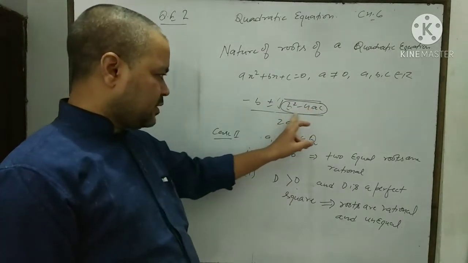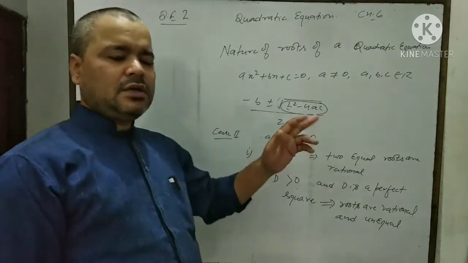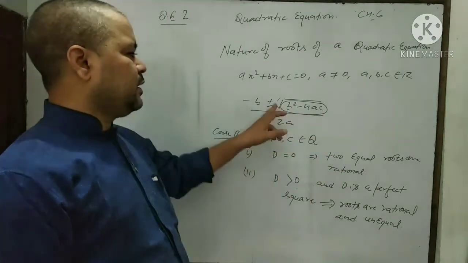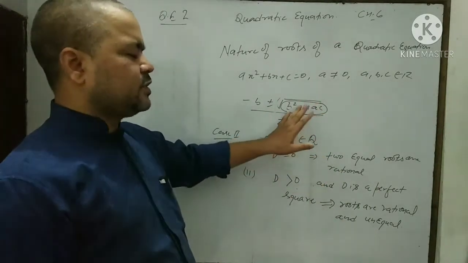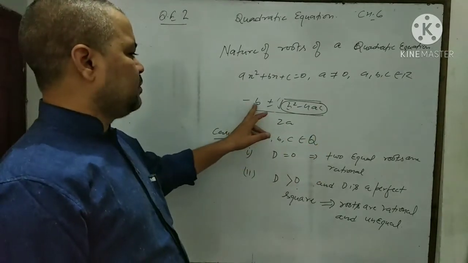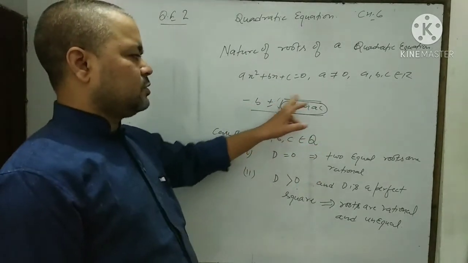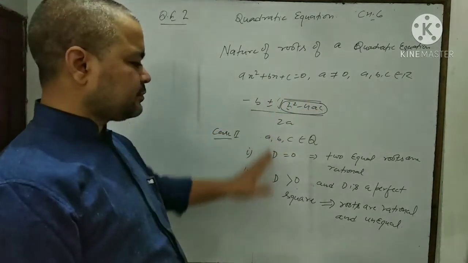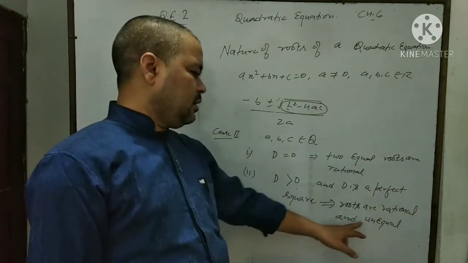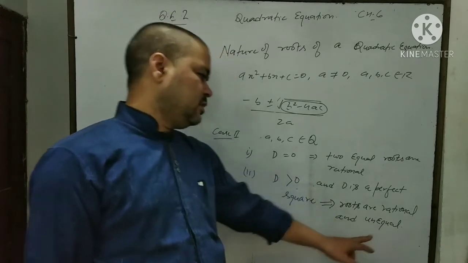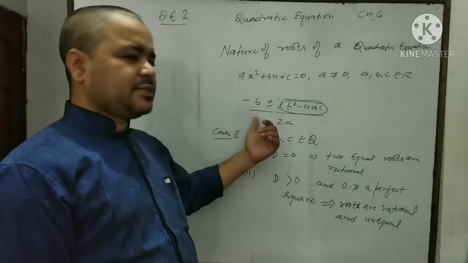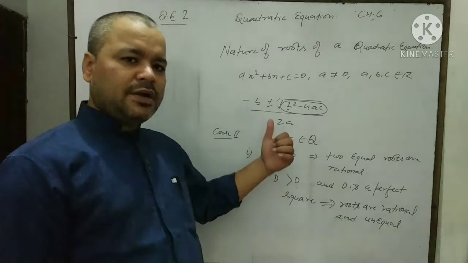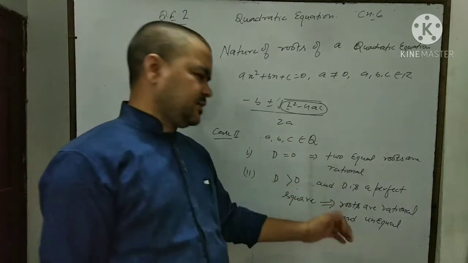So if b square minus 4ac is a perfect square, let its value be 25, then it will be minus b plus minus under root 25, that is 5. In this case it gives unequal and rational roots. It will be unequal as well as rational.